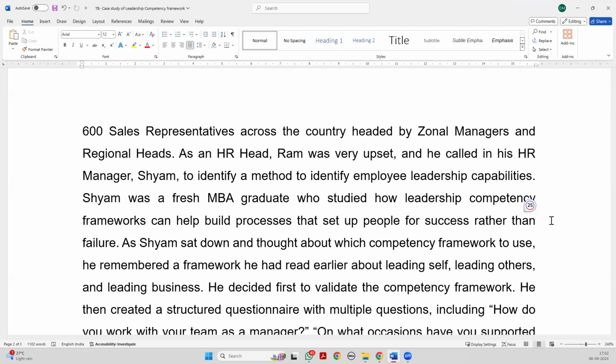As an HR head, Ram was very upset. He called in his HR manager, Shyam, to identify a method to identify employee leadership capabilities. Shyam was a fresh MBA graduate who studied how leadership competency framework can help build processes that set up people for success rather than failure. As Shyam sat down and thought about which competency framework to use, he remembered a framework he had read earlier about leading others, and leading businesses.